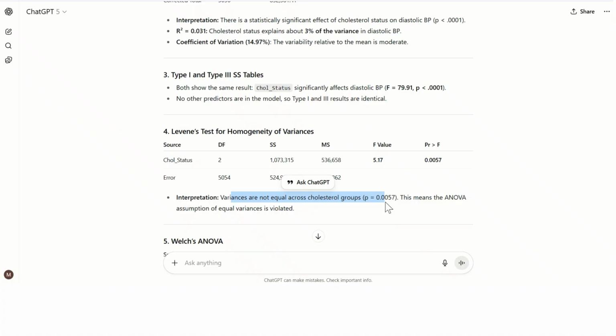Like the t-test, ANOVA also assumes that there are equal variances among all the groups being compared, and this Levene's test just confirmed that they were not equally variant. The variance was not equal among all these groups.